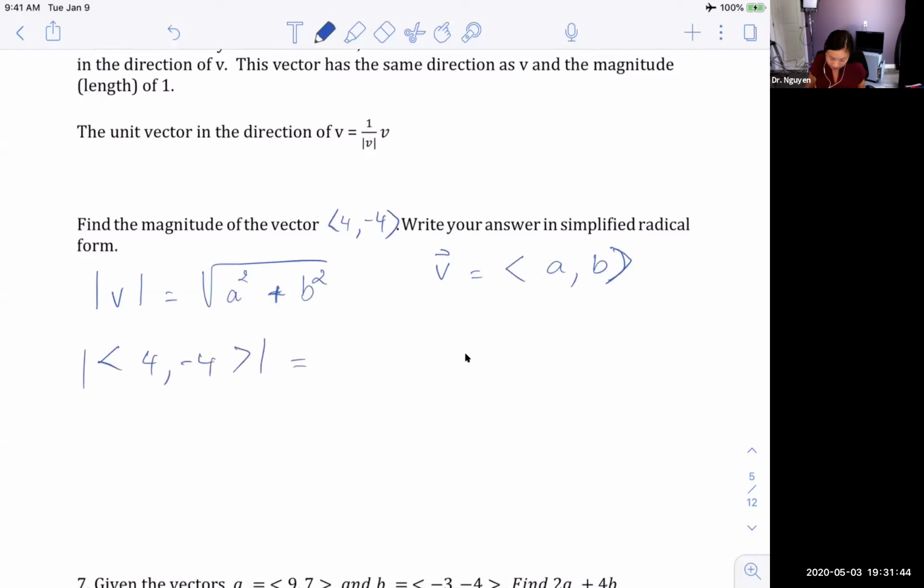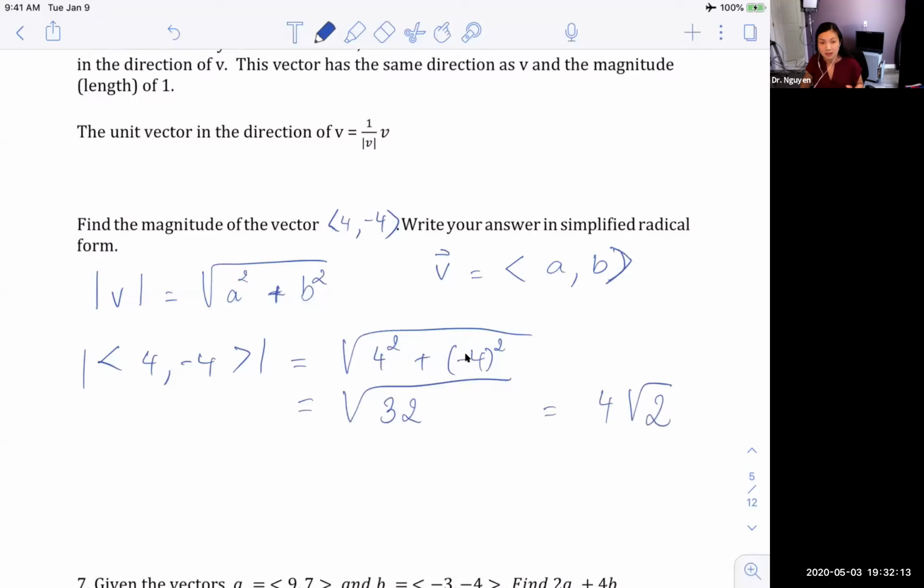Then I have the square root of 4 squared plus (-4) squared, which is 16 plus 16, which is 32, right? And then you just have to simplify it. So it's going to be 4 radical 2. That's going to be the magnitude of the vector <4, -4>.